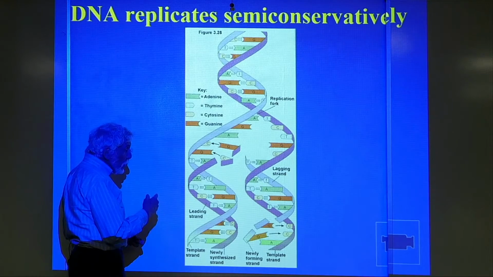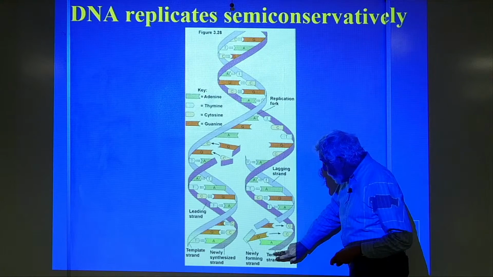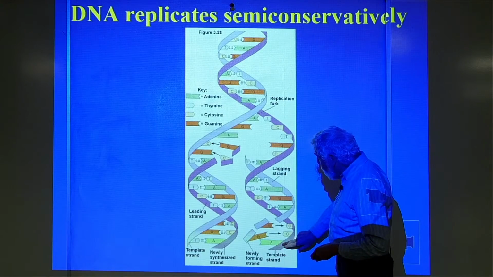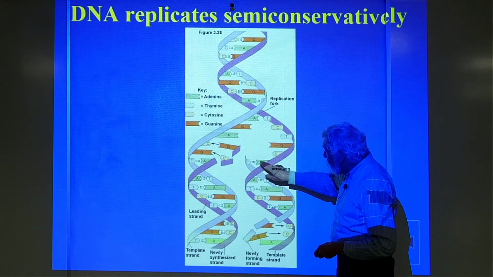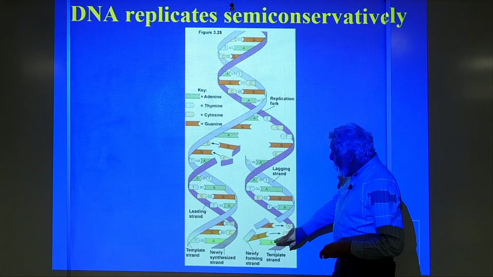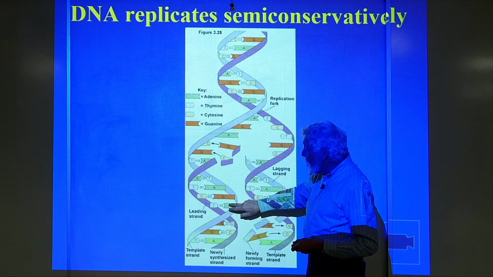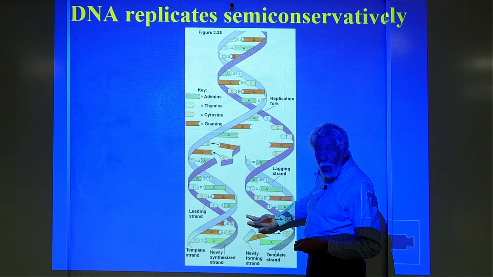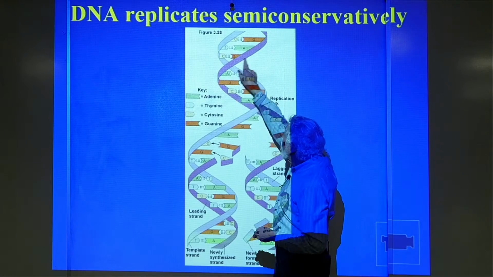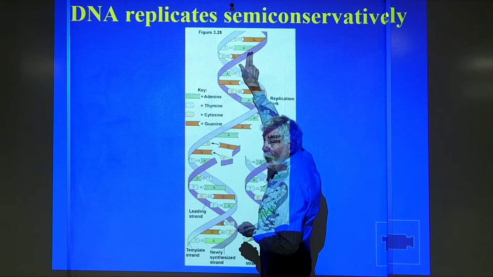The first was that on the leading strand, where we're reading 3' to 5', we can walk continuously along the strand and synthesize the new strand from the old template strand. But over here on the lagging strand, we had another problem because of the anti-parallel organization of the DNA molecule. If this is 3' to 5', then this one is 5' to 3'.